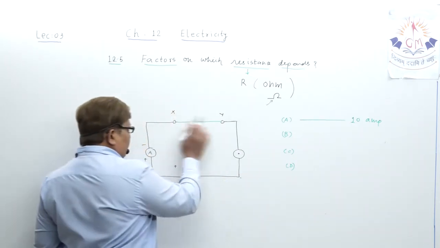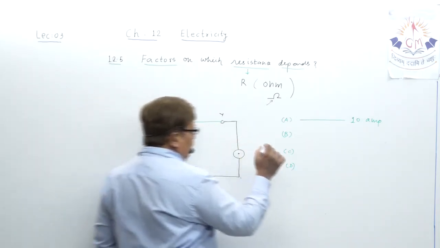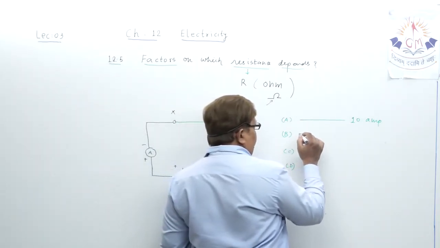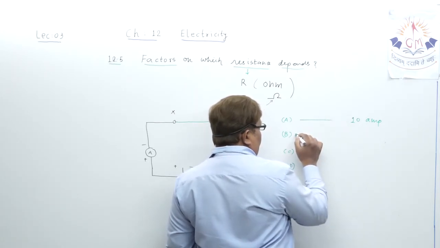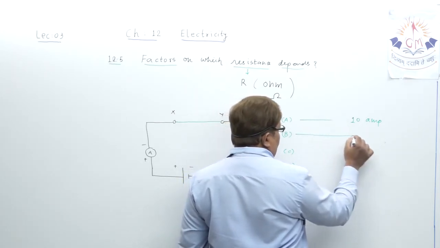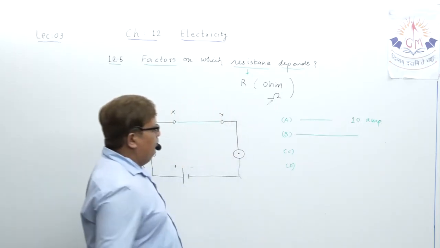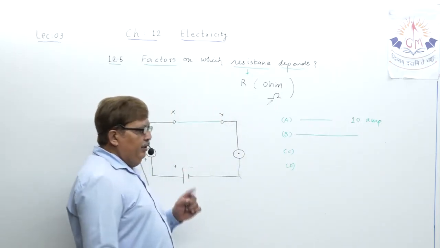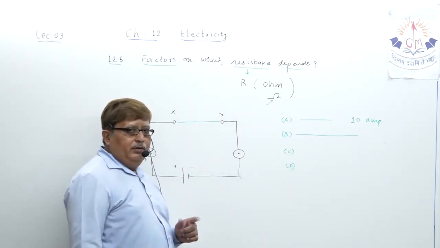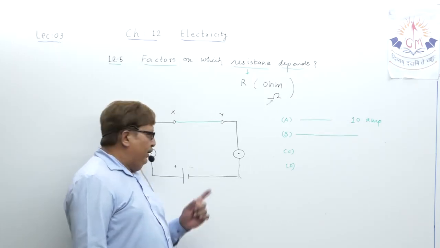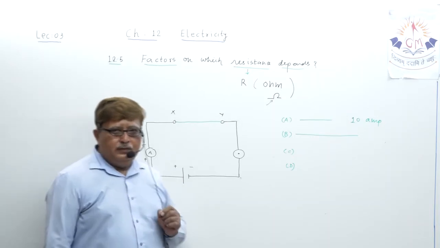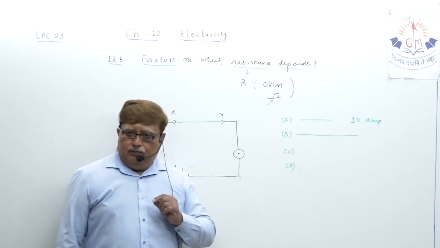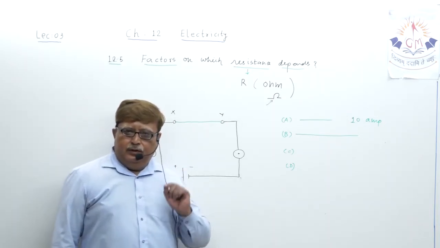Okay, I am not expanding the gap, I am just showing here that I am now taking a nichrome wire of double length, same thickness, and then I will try to read the amount of current flowing in the ammeter.